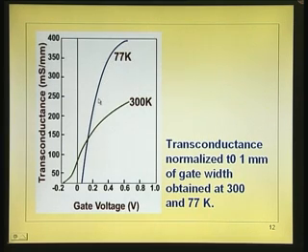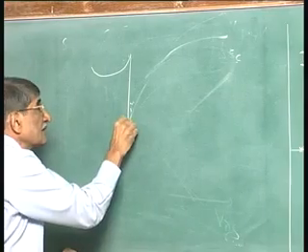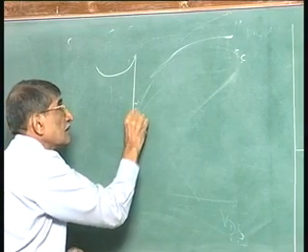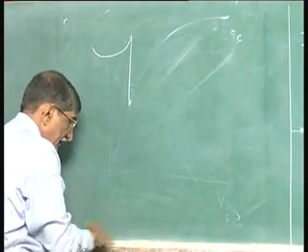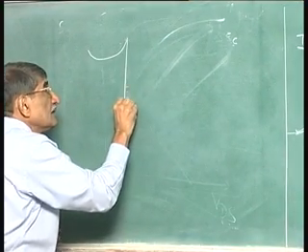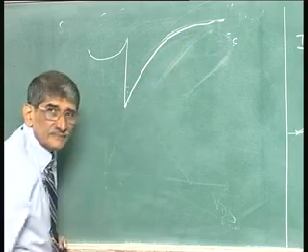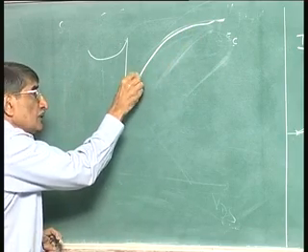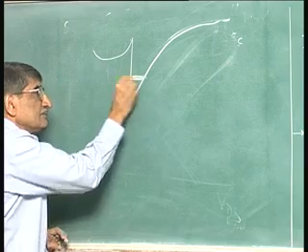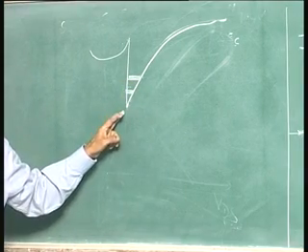Or the rate of increase of the transconductance reduces, that is because the electrons which are usually present here, as you go on to higher and higher VGS, you are going closer and closer to that, and the electrons have got two subbands. Okay.